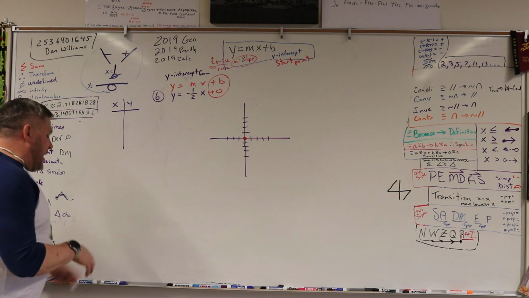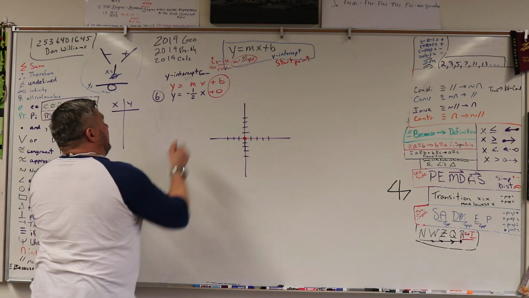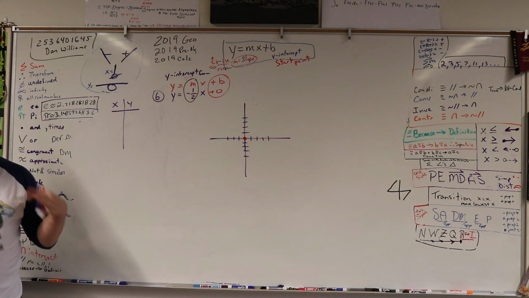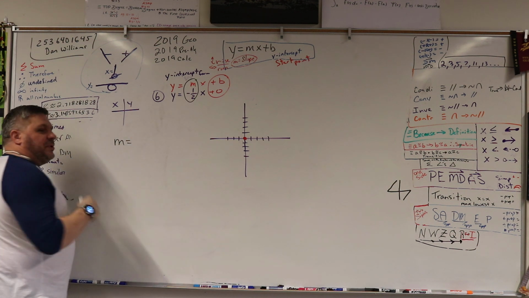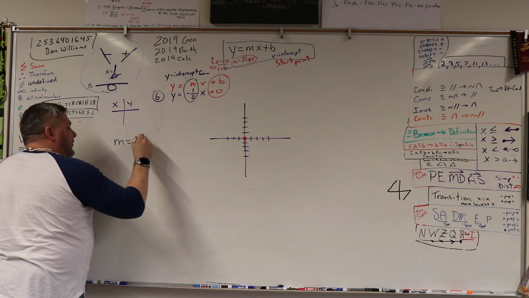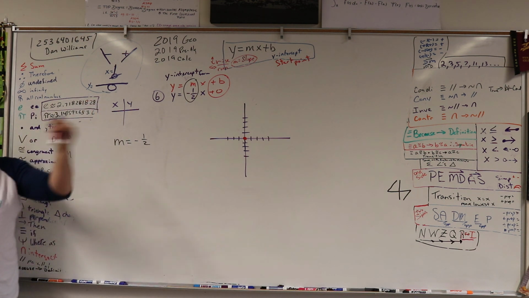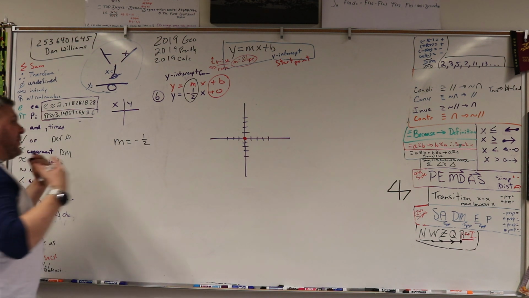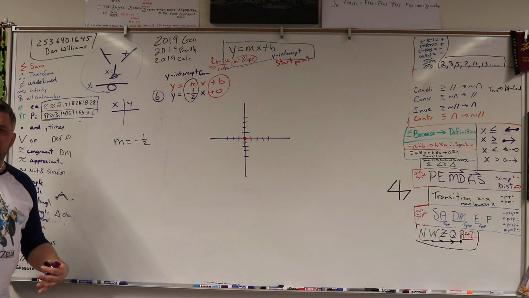And then I want to look at my slope. Now remember, this is your m, and it says negative 1/2. And we want to remember, m is equal to negative 1/2. Well, that doesn't quite help me. Where is the negative? Is it in the top or is it in the bottom? And if you remember correctly, it can be both, right?